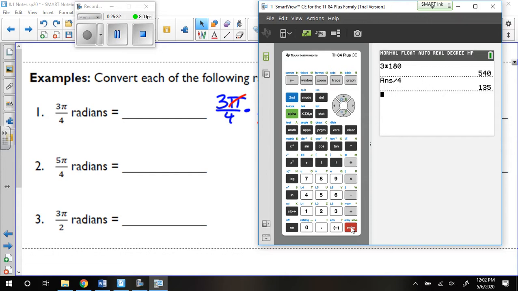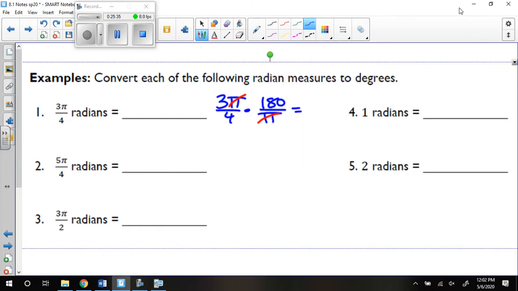So 540 divided by 4 is 135 degrees. Okay, we've got 5 pi over 4 multiplied by 180 over pi. Pi's cancel.